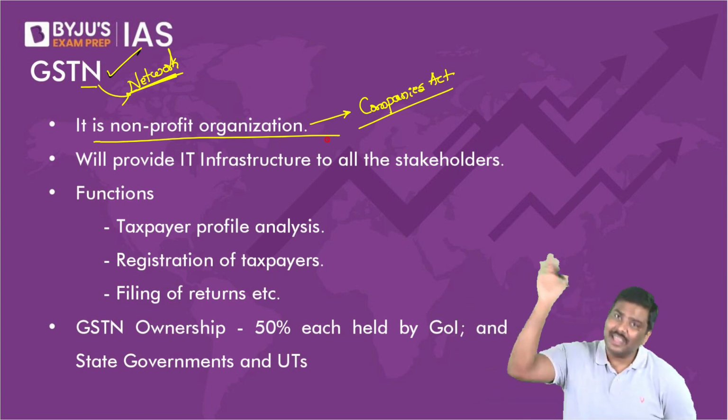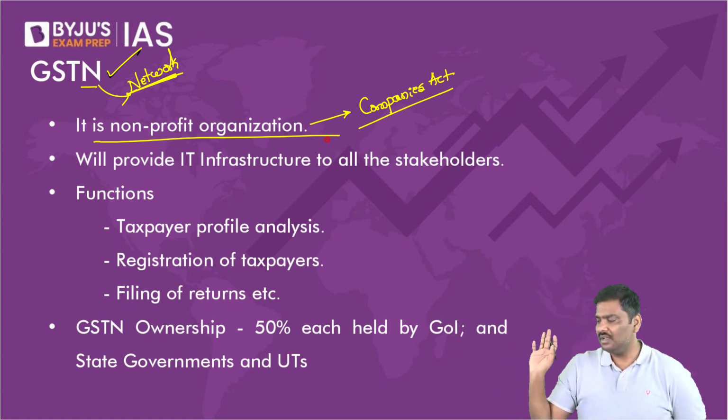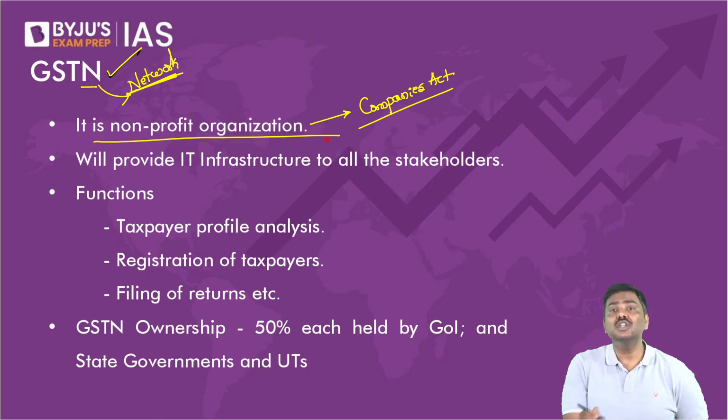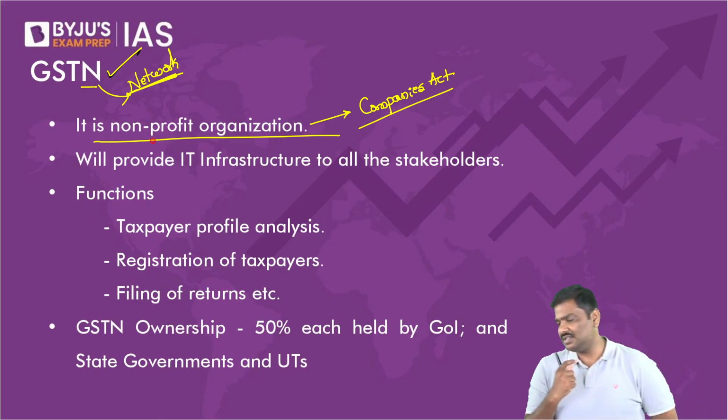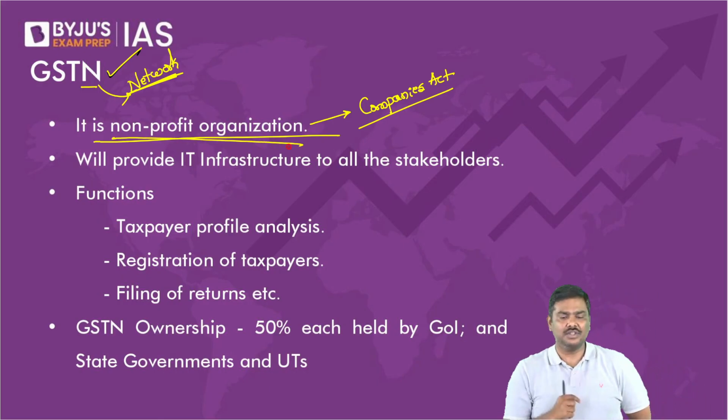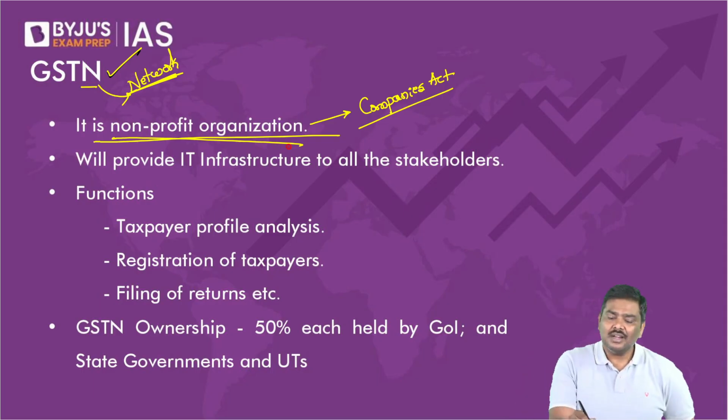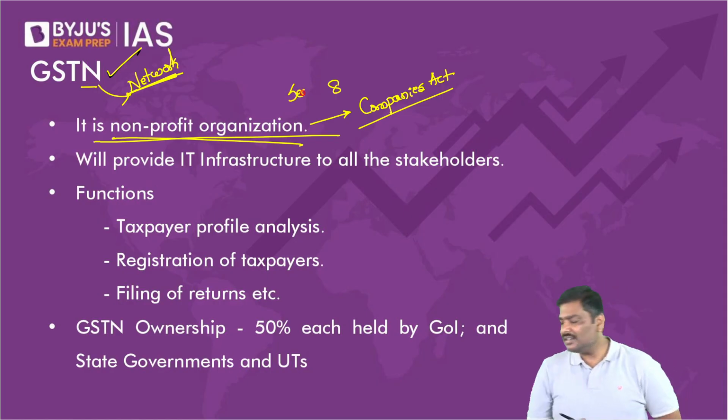These are again invested back in the business itself. That is the reason these are called non-profit organizations. These are established under Section 8 of the Companies Act of 2013.